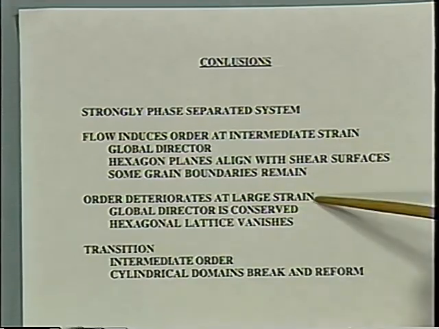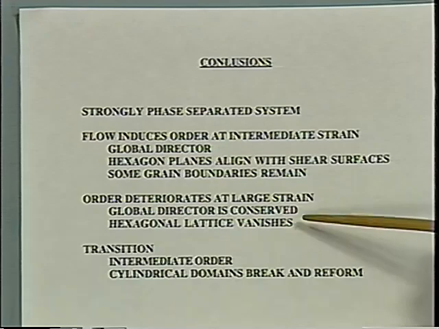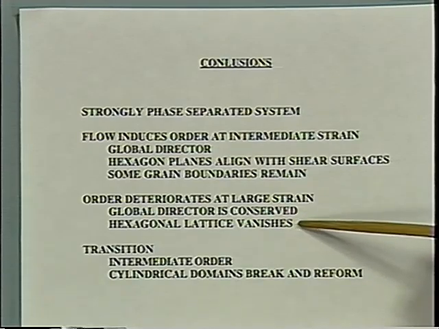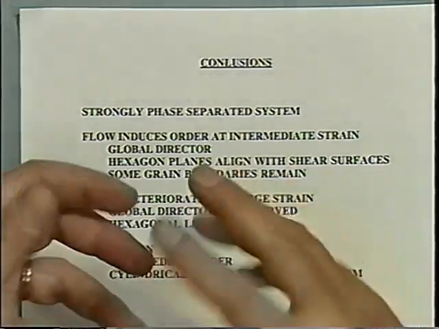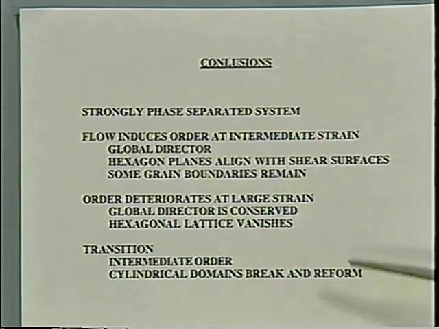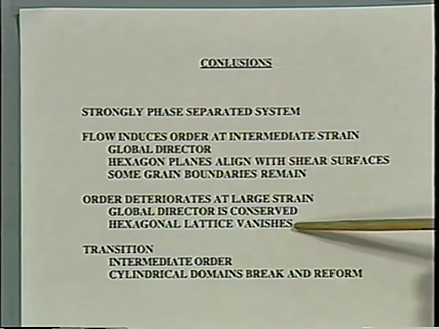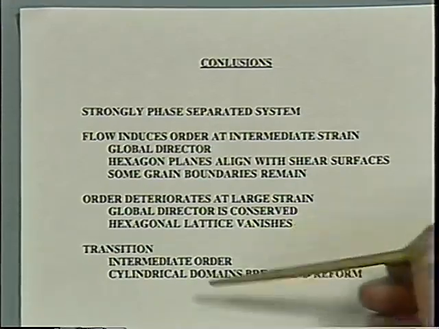Beyond that strain, the order deteriorates. The global director is maintained for some while, but we're getting a change in those hexagon planes and producing interfaces when scrambling the structure. And there are some intermediate transitions which we really would like to study also.